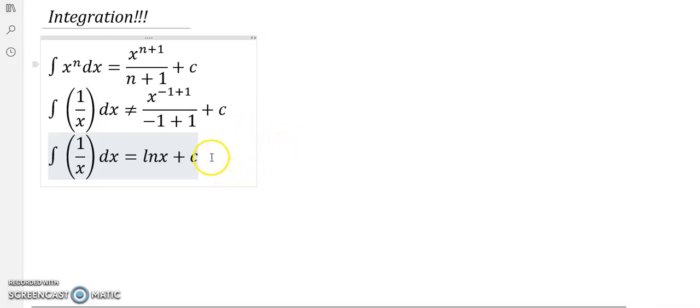Okay guys, why do we have to write it in this way? Let's differentiate this one so that we check whether what we did is correct or not. If we did the correct manipulations, the derivative of this one will give us the original expression, 1 over x.